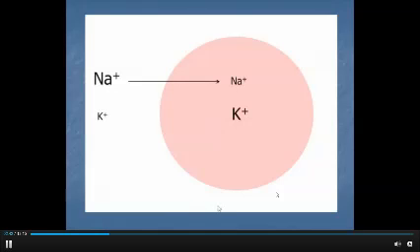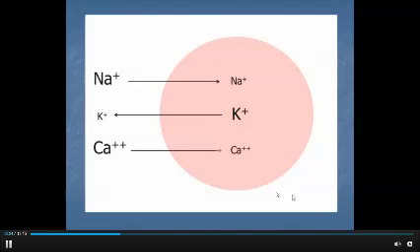Potassium is predominantly found inside the cell, and so if the membrane is permeable for this ion, the potassium will tend to leak out of the cell. And the last player that we want to discuss is calcium. Calcium is also found in large quantities outside of the cell. If the membrane is permeable for calcium, calcium will tend to drift into the cell.